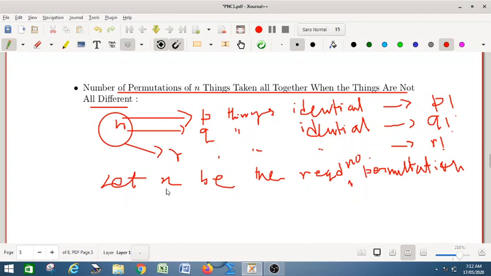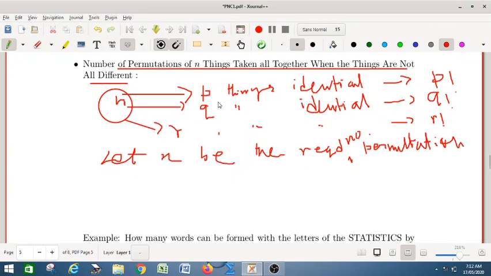Now, very carefully please note that if we replace p identical things by p different things, which are also different from the rest of the things, then the number of permutations will be x into factorial p.